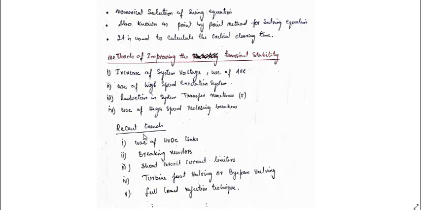So these are the earlier methods which are used in the system. There may be some other methods which are the recent trends, that is the use of HVDC links, because in case of DC transmission there is no problem of stability, because stability is only related to the AC system. In DC system there is no stability issue, because there will be no phase angle which will be responsible in the power transfer in case of a DC.